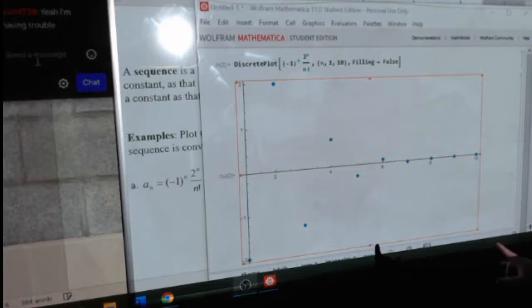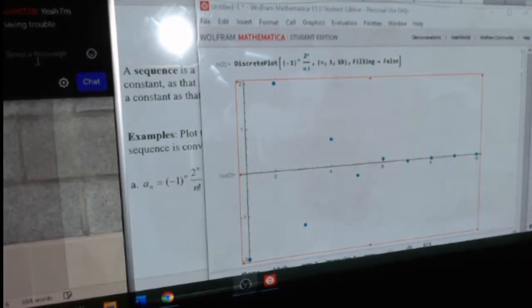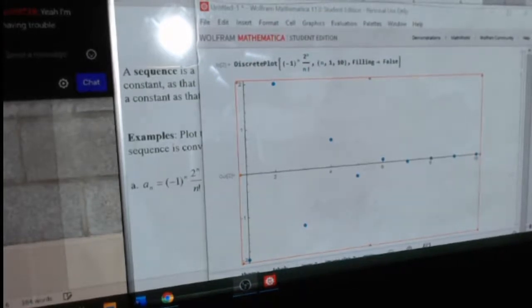So this is my plot on Mathematica. So you see, this is what we would call an alternating sequence, which we're going to call an alternating series very soon. The points change sign, so the first one's negative, then it's positive, negative, positive, and you see that they're getting closer and closer together. So we would say that this sequence is converging, right? All the points are headed towards a single value.